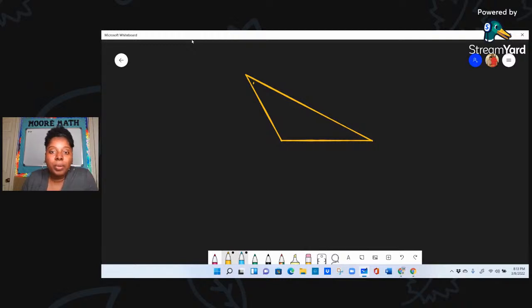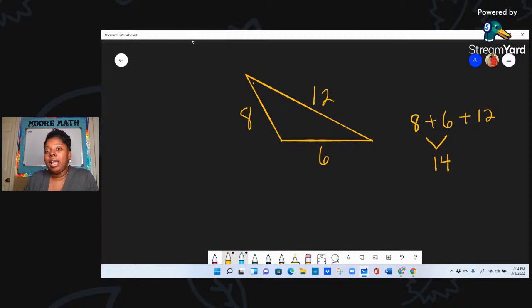So we have 6, 8, 12. If we were to find the perimeter, you're adding up all the sides. So 8 plus 6 plus 12. 8 plus 6 is 14. And 14 plus 12, you're going to get 26. So there's the answer, 26.